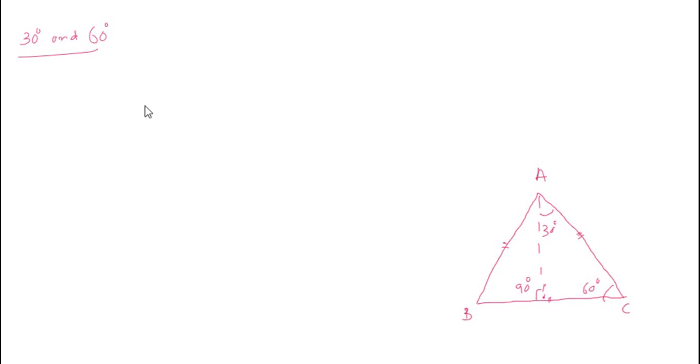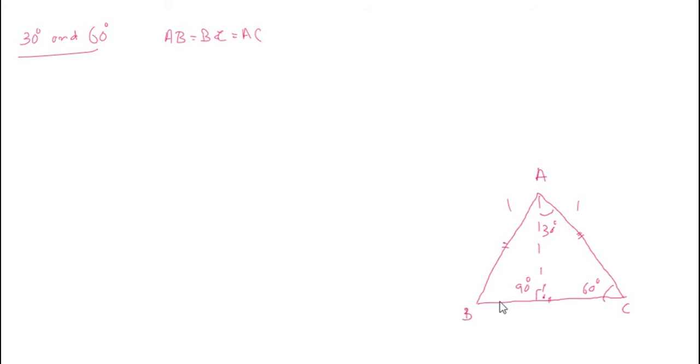Next, let us find out the trigonometric ratios for 30 degree and 60 degree. First, let us draw an equilateral triangle. ABC is an equilateral triangle in which AB equal to BC equal to AC. Now let us take each as 1 unit.